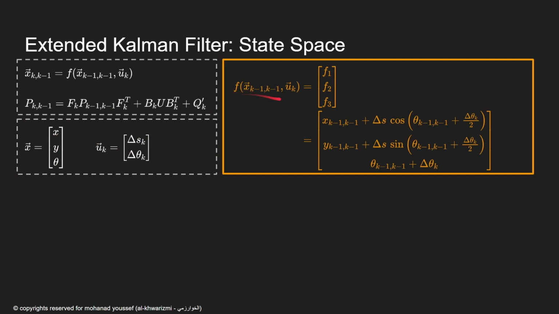So the prediction model will have three equations. Each equation is mapped to the update of each state. The first one updates the x state, the second one updates the y state, the third one updates the theta state. And this will be the equation that we just derived in the previous slide.